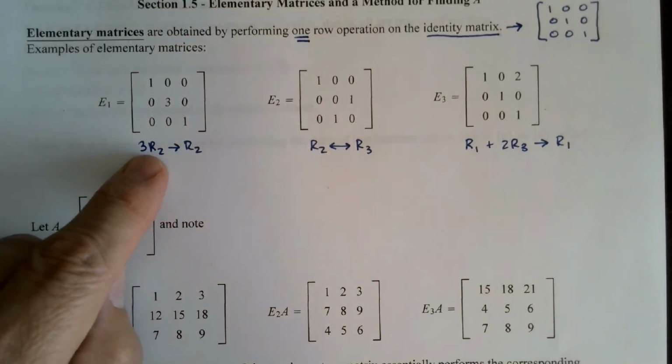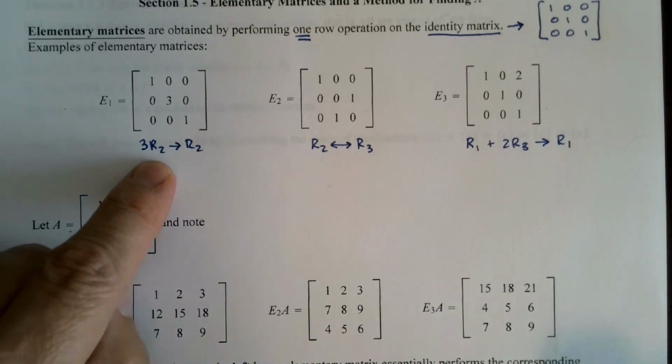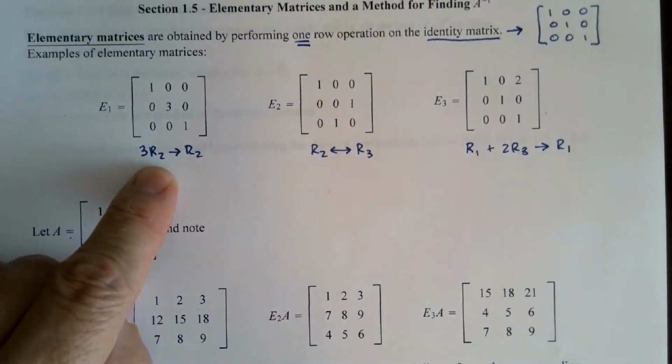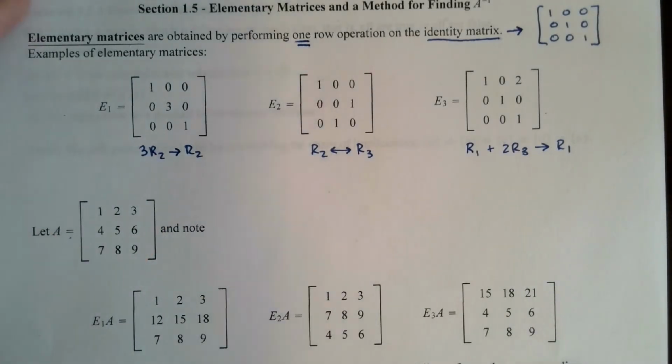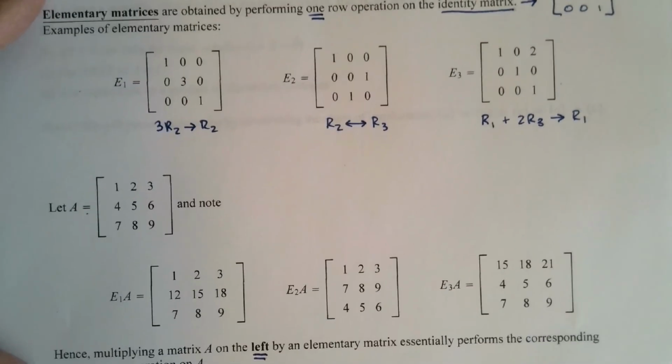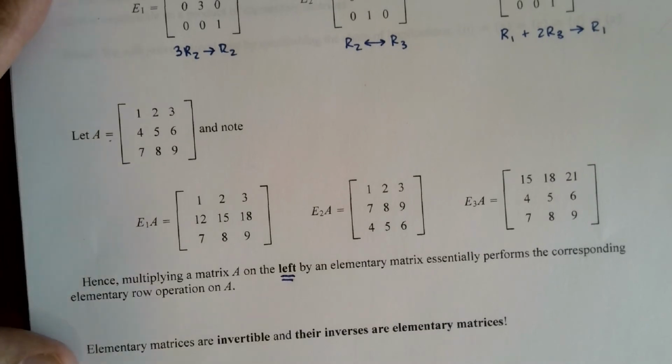How do we undo multiplying row 2 by 3? How would we get back to the identity matrix? Well, we would multiply row 2 by the reciprocal, 1/3. So what does that elementary matrix look like? Multiply row 2 of the identity matrix by 1/3. And there's the inverse matrix.